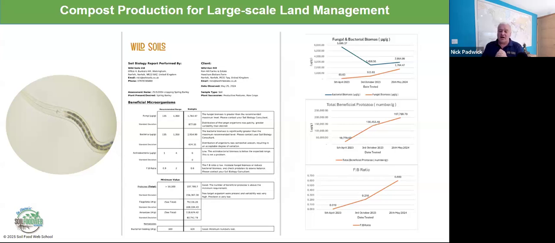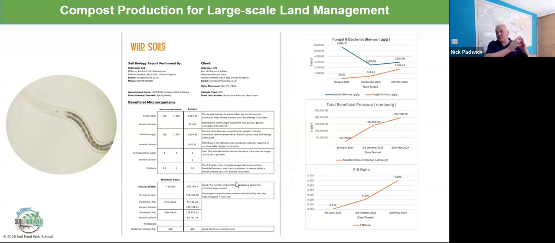This was a typical field of ours, very high bacteria, very low fungi, really low protozoa, and a really low fungal to bacteria ratio, 0.01. Then we started introducing 3 applications of extracts, and this is the S-map at the end of it that shows where we are.